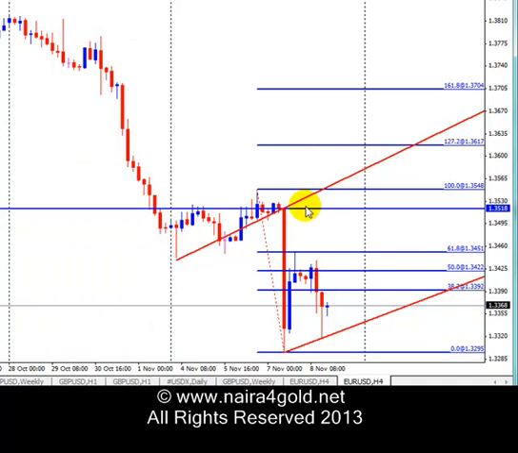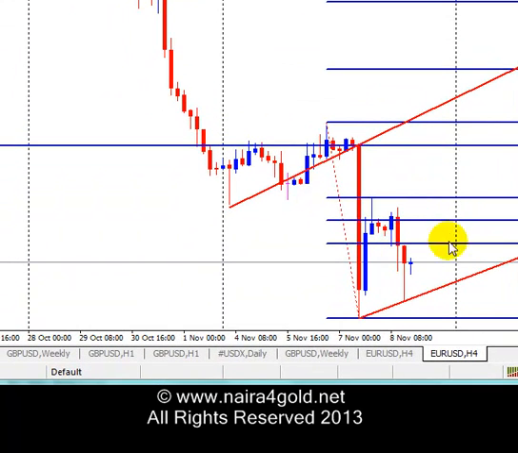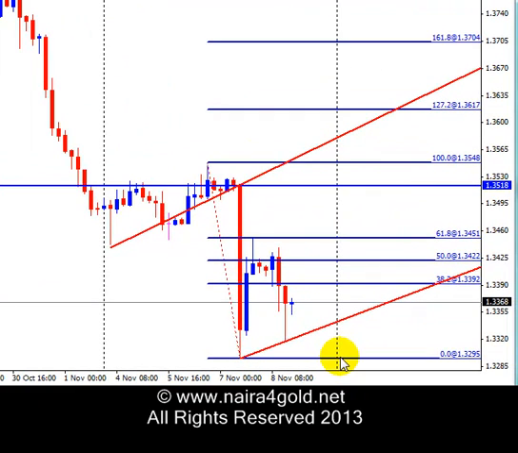We can even extend the stop loss all the way up to maybe 100 pips, but I will restrict it to just 50 pips for the day that I'll be trading, and then watch out for a break of 1.3295 for continuation of selling on the Euro USD.